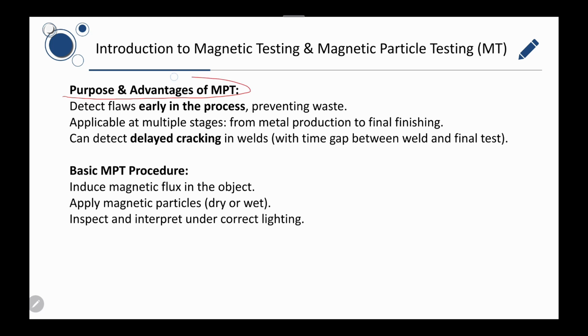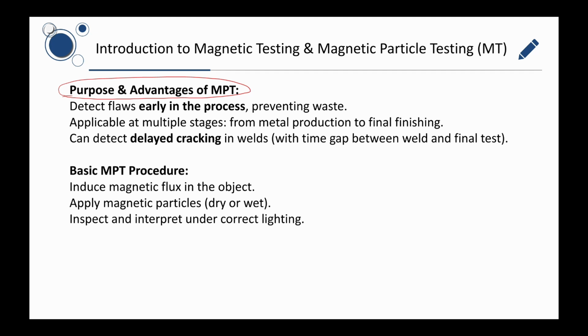Purpose and advantages of magnetic particle testing. It is one of the most widely used NDT methods for detecting surface and near surface discontinuities in ferromagnetic materials. The purpose and advantages of this method make it a key inspection tool in various industries.